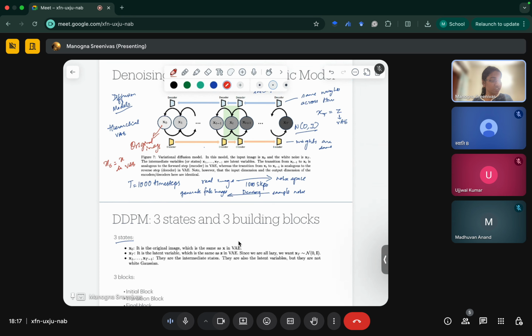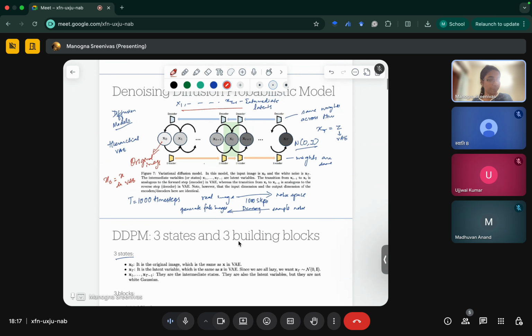And then all these x1 to xT are intermediate states, as I said, and the last one, xT, is the final latent variable.